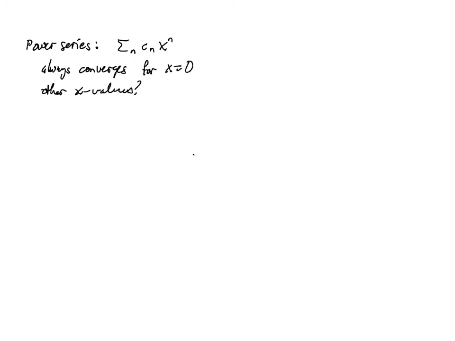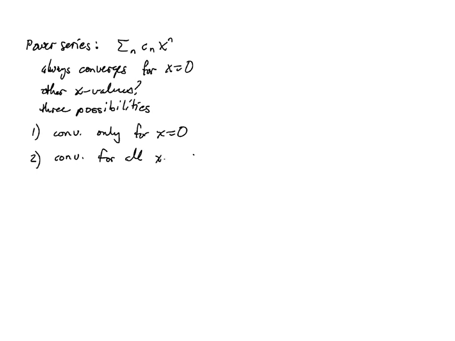There's a result in the textbook that tells us that there are exactly 3 possibilities. The first possibility is that it converges only for x equals 0. The second possibility is that this series can converge for all x values.